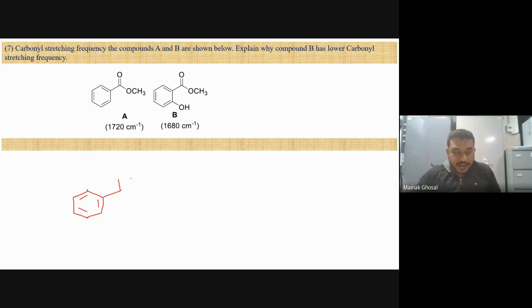So I write it like this. Okay, so this is the hydrogen bonding. Suppose this is case B, and case A is there, where there is CO, C, and here there is no hydrogen bonding.